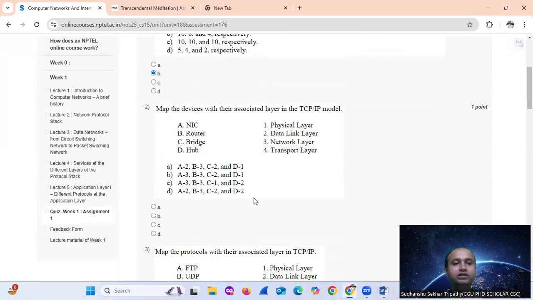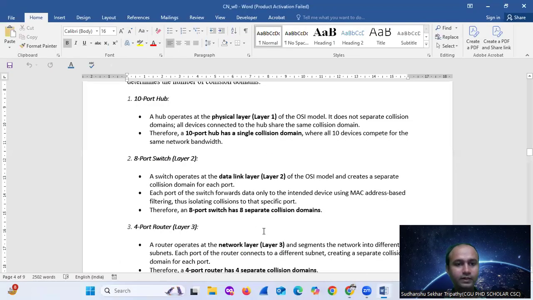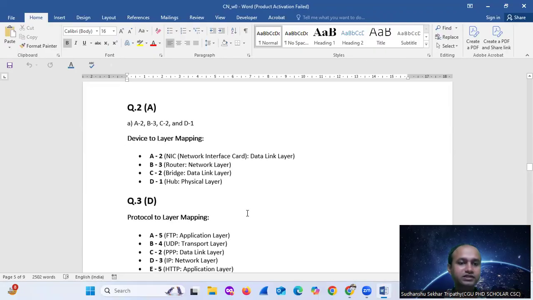Okay. Then question number 2, map the devices with their associated layer in the TCP/IP model. So here in matching, section A gives the devices and section B gives the associated layers. So NIC, that is network interface card, links to the data link layer.